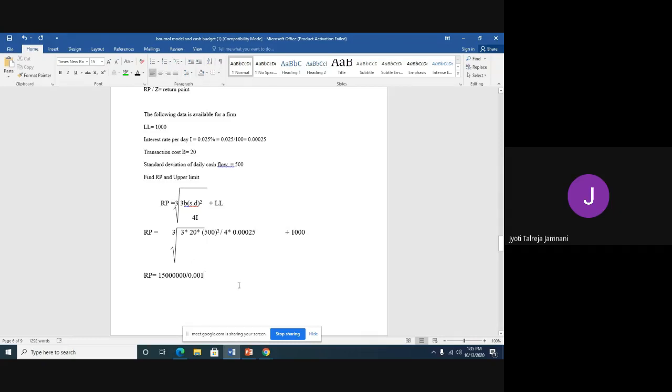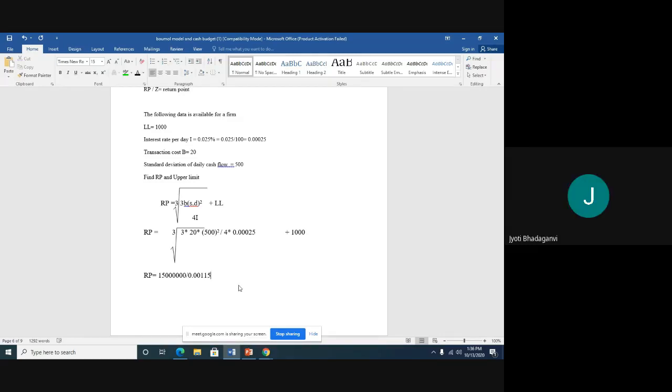So 1 crore 50 lakhs divided by 0.001. If I do, I get 15 and 9 zeros.